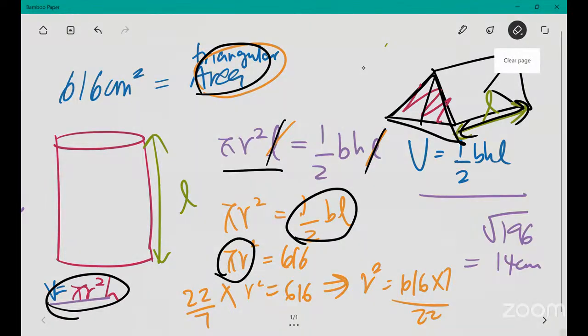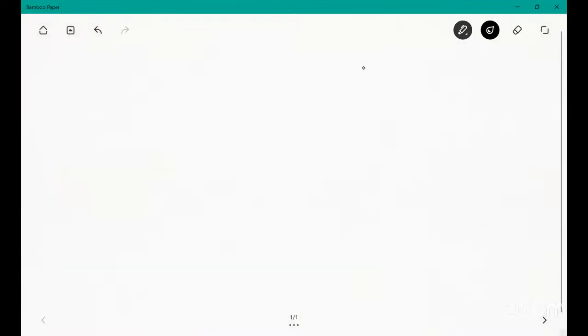Does everyone have a separate device that you can use, or are you on the same device itself? Same device, separate device.